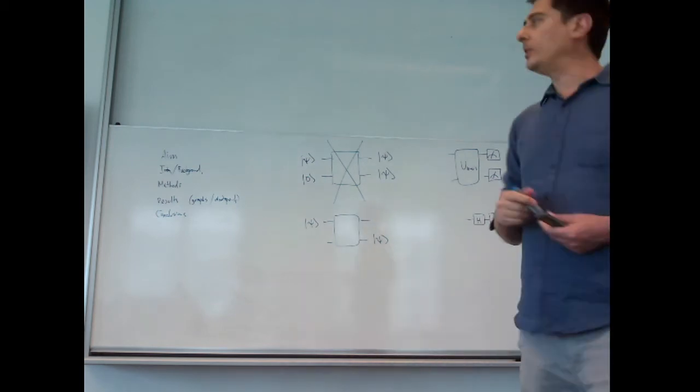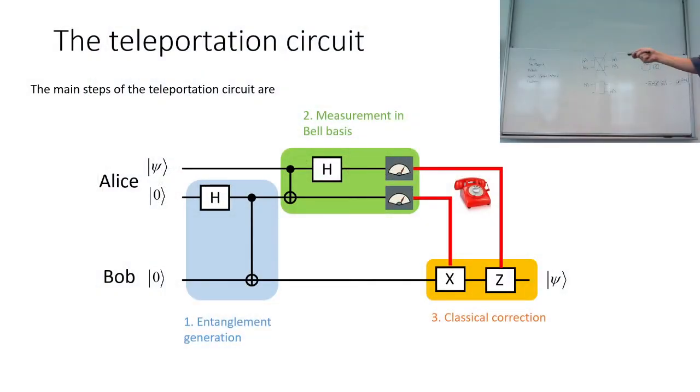This is quite similar to that. If you have these two measurements and you have this controlled NOT and a Hadamard, it turns out, as I'll show you, that it's equivalent to measuring in the entangled basis. I'm calling it a measurement in the Bell basis because the Bell states are entangled states.